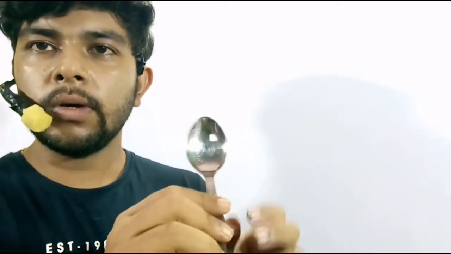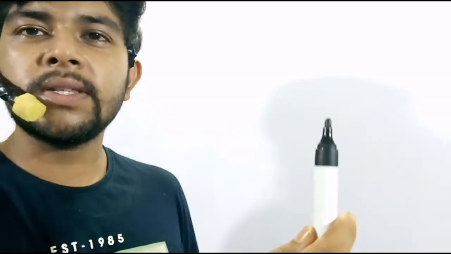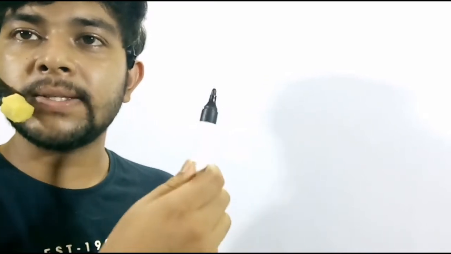So let's see practically. So students, here you can see I have used a spoon as a concave mirror. So this is the surface of a concave mirror. Okay, so as you can see, I have used this marker pen as an object.